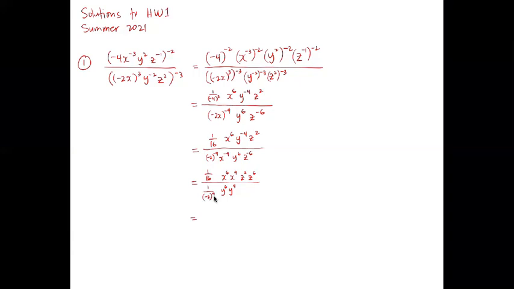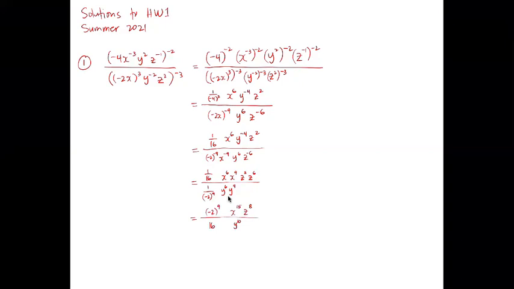So what you will get is the following. You will have negative 2 raised to 9. And then you will have here 16. And then we simplify the x's here. You will add the powers here. You have x raised to 15. Then z raised to 8. And then denominator, it's y raised to 10.